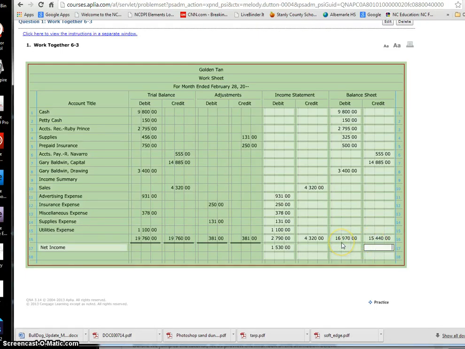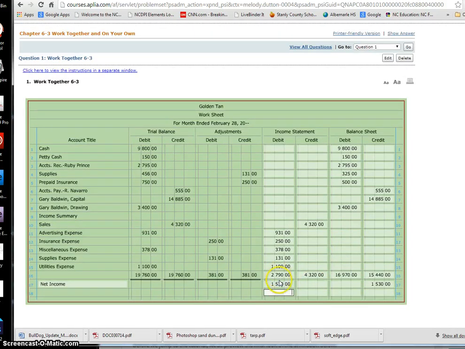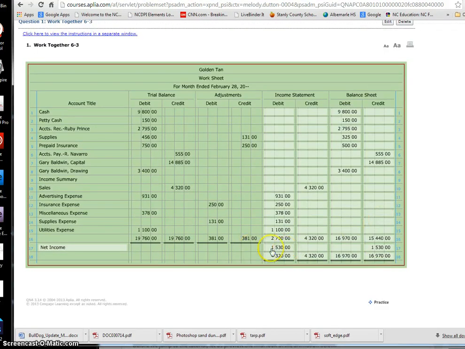This one is less than the debit, 1530. Add these two numbers together, 2790 plus 1530, and you get 4320. Bring down the 4320. Bring down 16970. 15440 plus 1530 is 16970. Okay? Debits equal credits. So that's how you record net income or net loss on a worksheet.